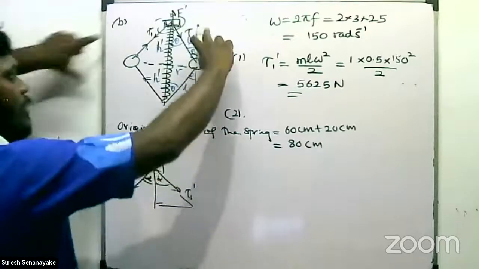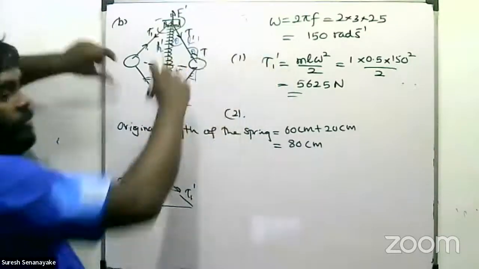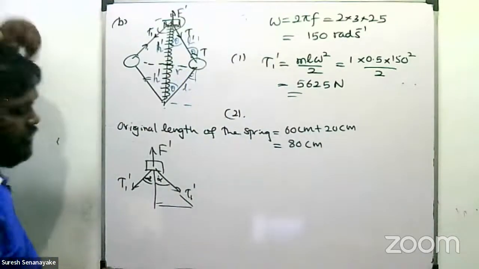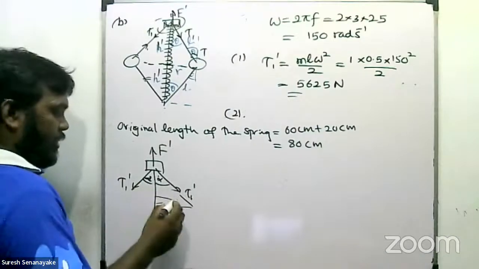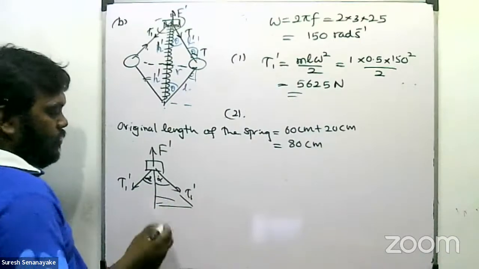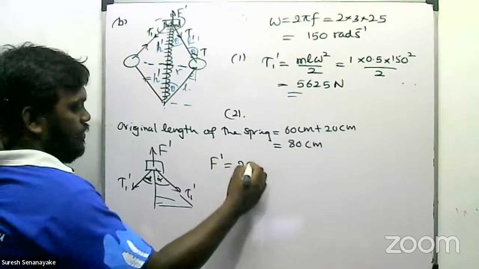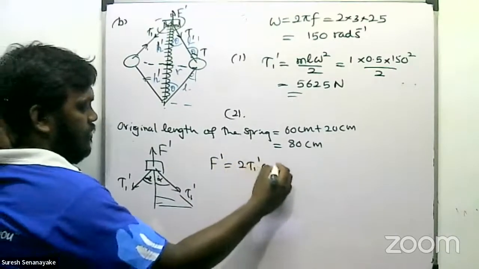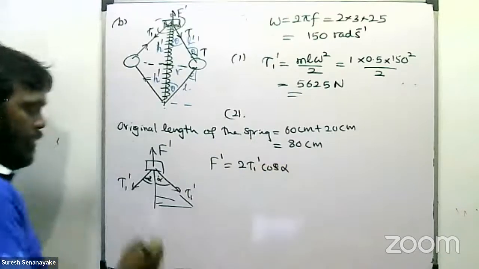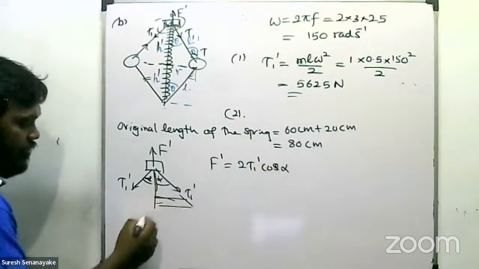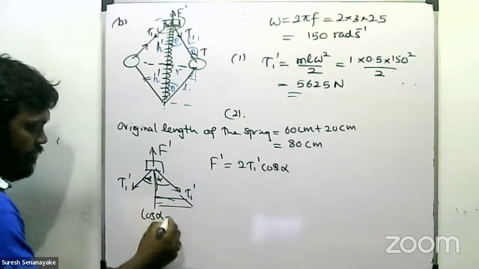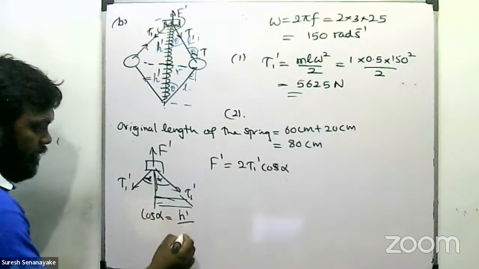It stretches a little this way or that way. Clear? Then let's say H dash. So then here you can write F dash equals T1 dash cos alpha 1, where cos alpha equals H dash divided by the length L.